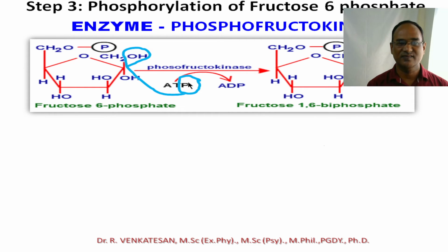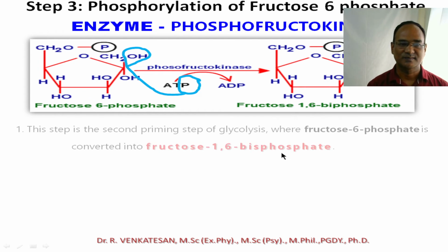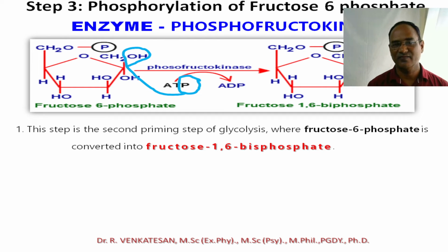For this process, we release one phosphate from the energy compound. So this is the second priming step of glycolysis, where fructose 6-phosphate is converted into fructose 1,6-bisphosphate by inclusion of one phosphate with the help of phosphofructokinase.